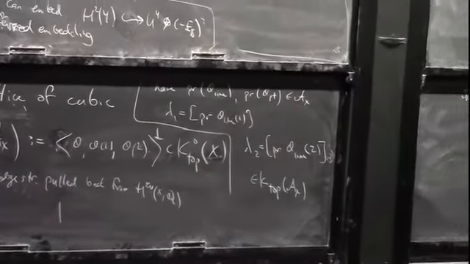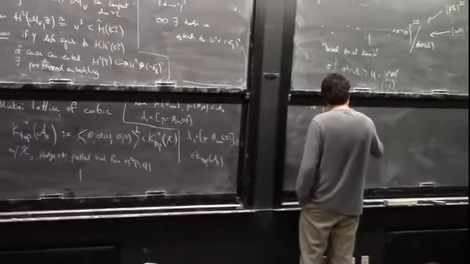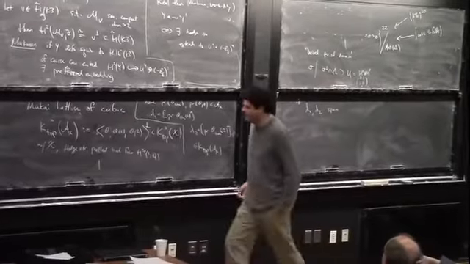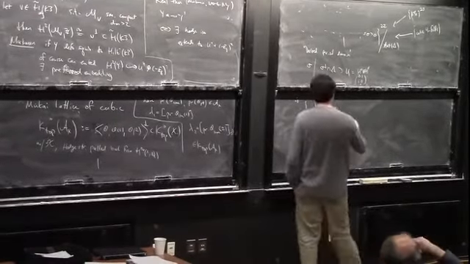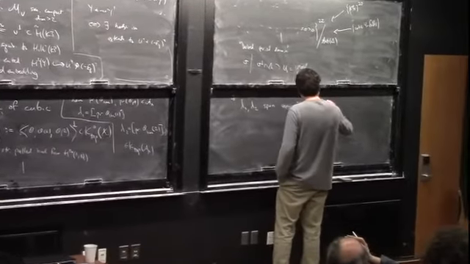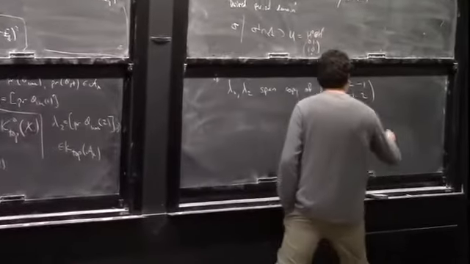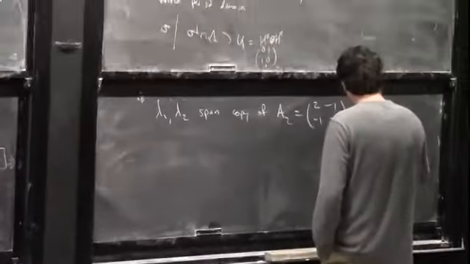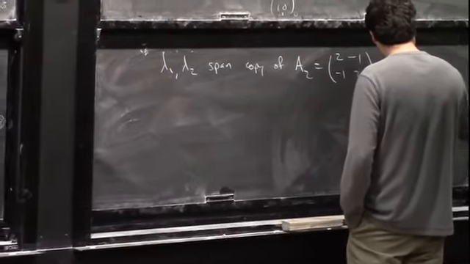And so what do we know? Lambda 1 and lambda 2 span a copy of A2, taking minus the Euler pairing, in K top.